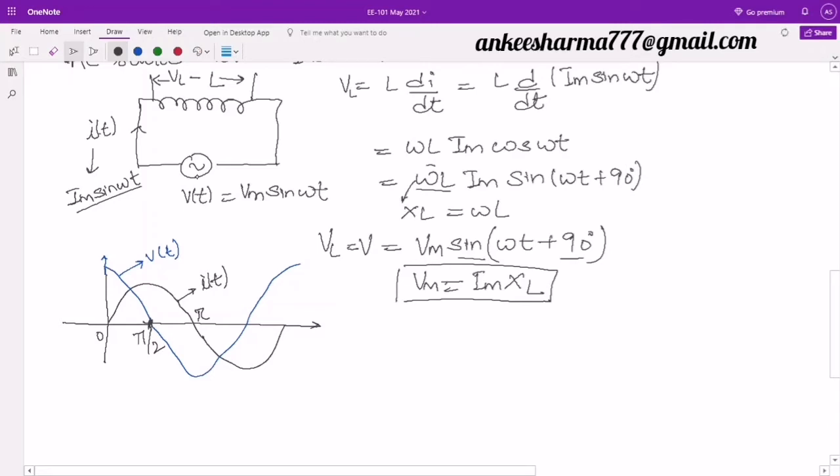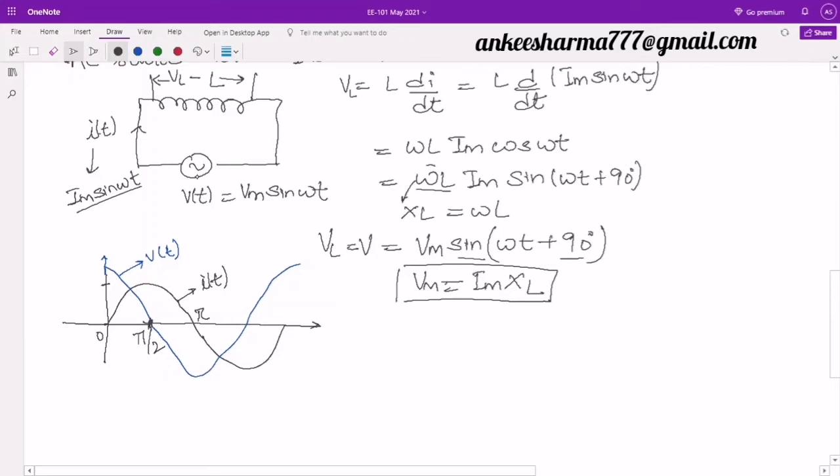Pi by 2 is 90 degrees, which is the maximum value, and I will get the same value 90 degrees in advance. So I will take this maximum value exactly at 0. Similarly, all these values will be in advance, so I will get this type of waveform.